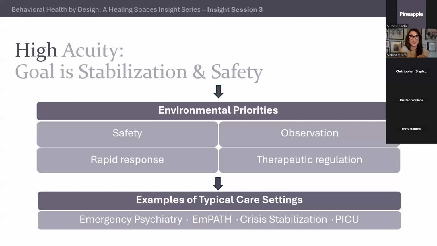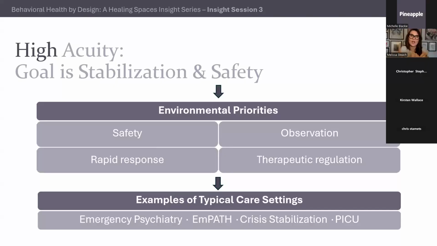Simple design decisions, including access to daylight, reduced noise, calming color palettes, residential materials, and thoughtfully designed reduced ligature furnishings. And you'll note that I say reduced, not anti, because there's really no such thing as anti. Reduced ligature furnishings can reduce environmental stress without compromising safety.